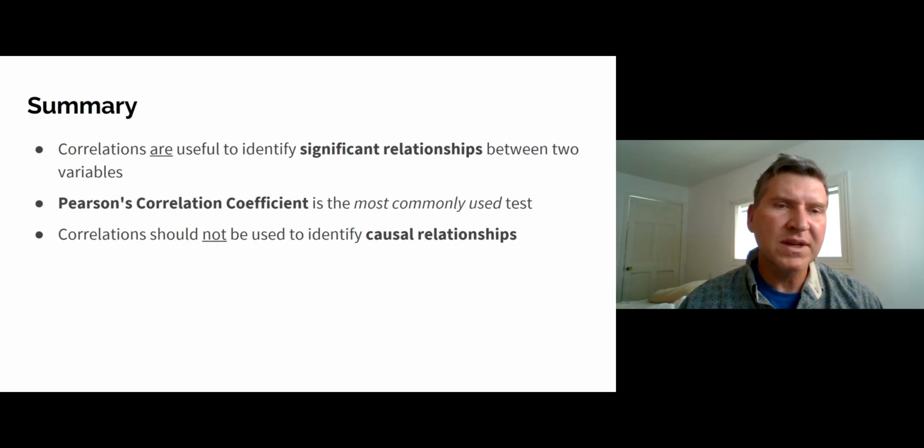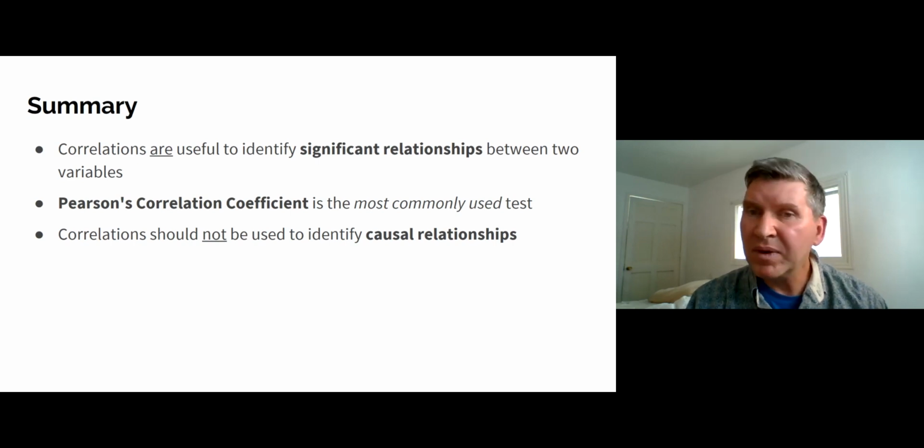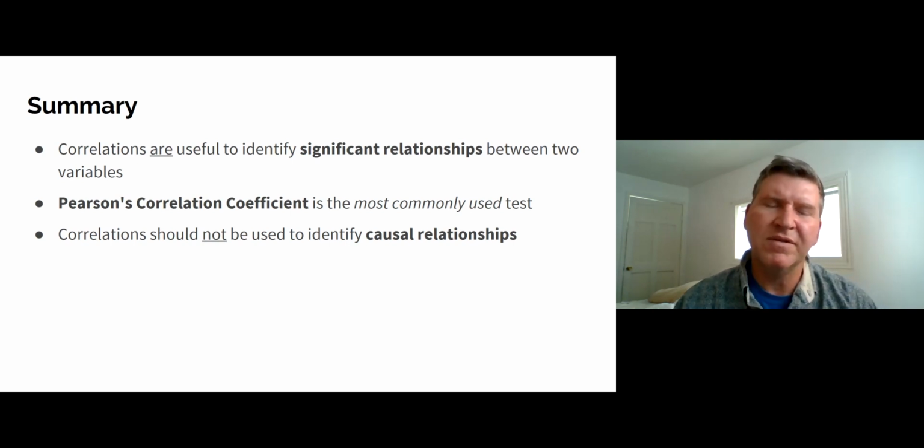It's far more difficult to show a causal relationship in an empirical study. Remember, we talked about how difficult it is to prove something in the first few lectures, and this builds on that. It's difficult to show a causal relationship unless you've got a very well-designed study.